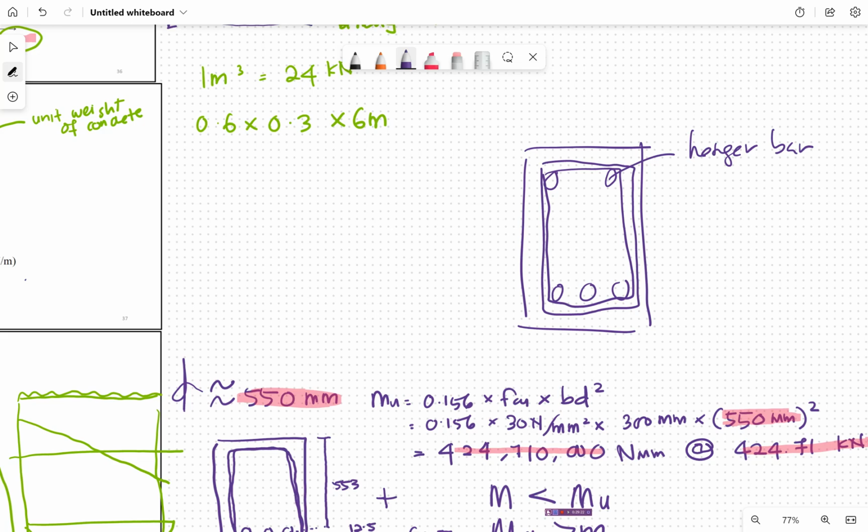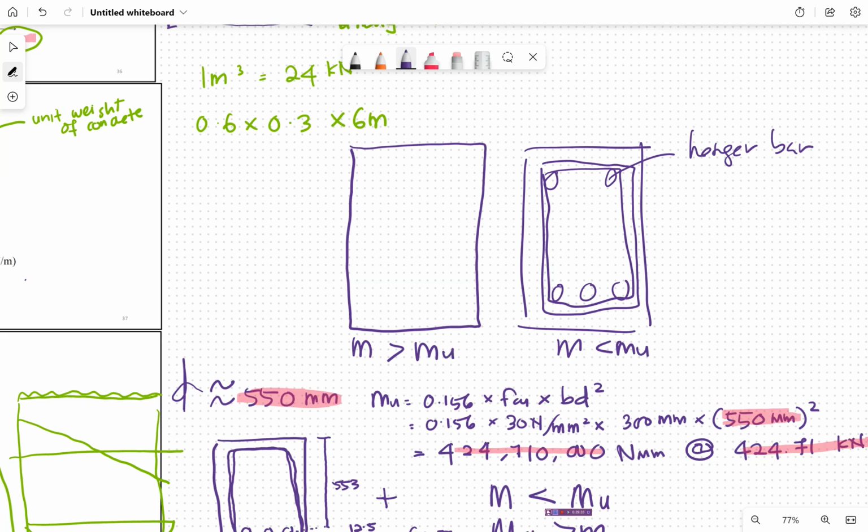Okay. Tapi kalau you dapat M is bigger than MU, meaning that moment yang caused by the loading, okay, is bigger than what it can resist. So MU kat sini maksudnya resist the compression. Therefore, bila you design, you akan dapat sama. Okay, you ada reinforcement kat bawah tu, which is the main reinforcement.